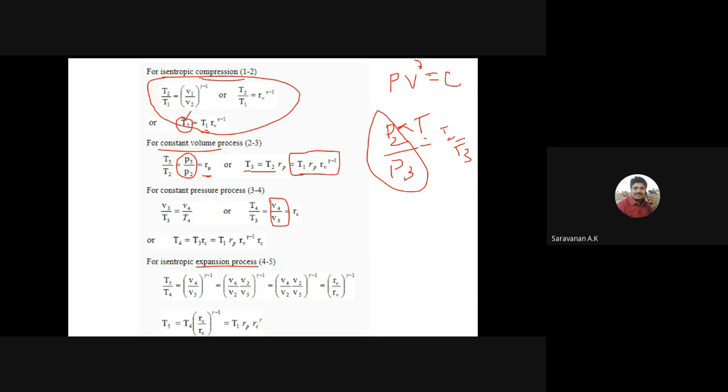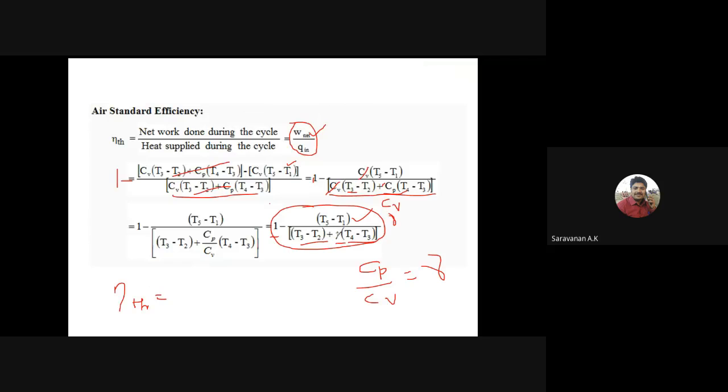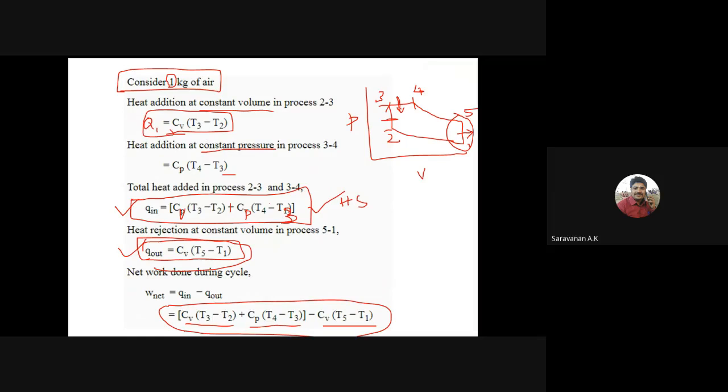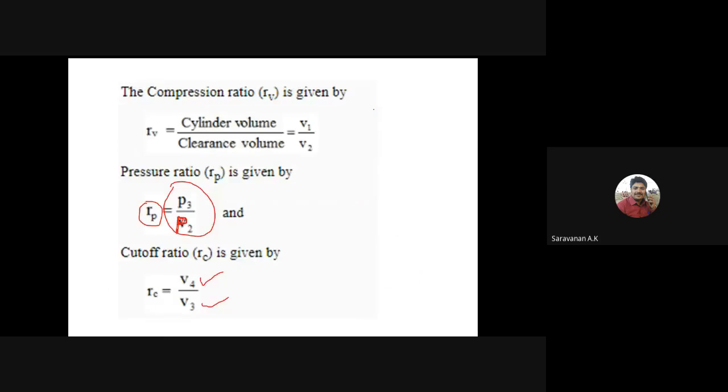So V4 by V3 is called the cutoff ratio, which is denoted by RC, right?